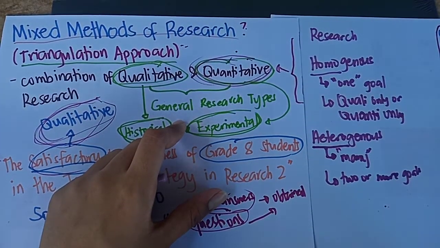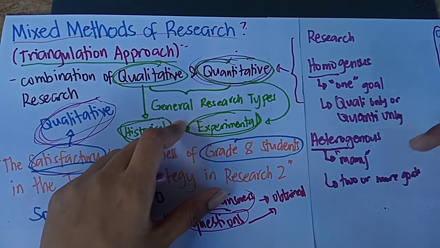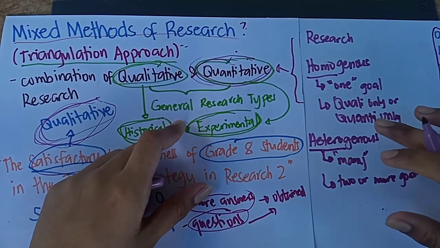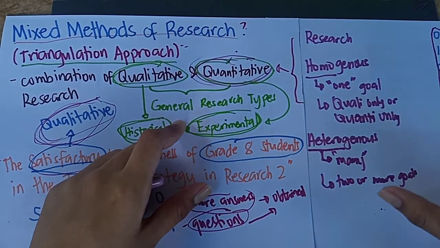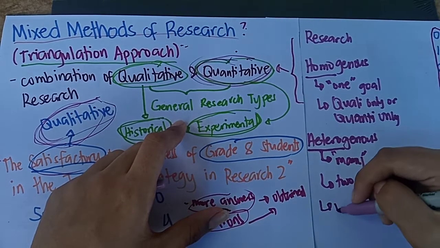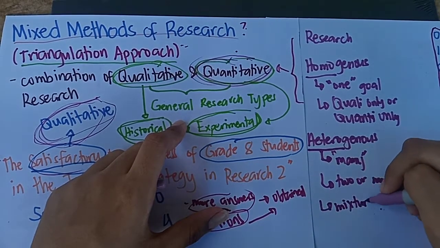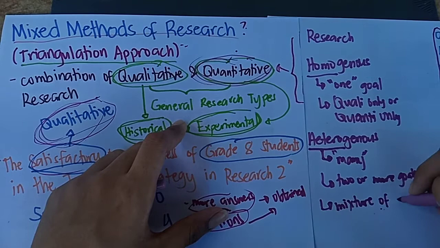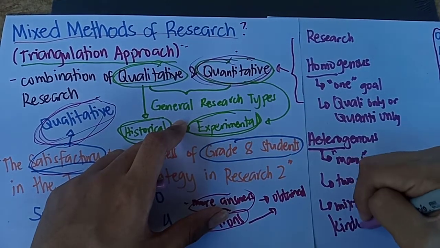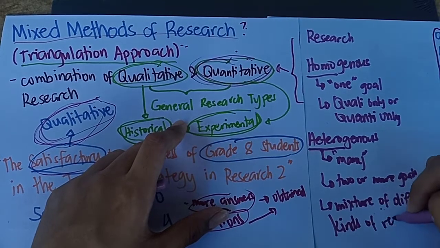Okay? And when we have two or more goals in heterogeneous research, meaning to say it can be a mixture of different kinds of researches.